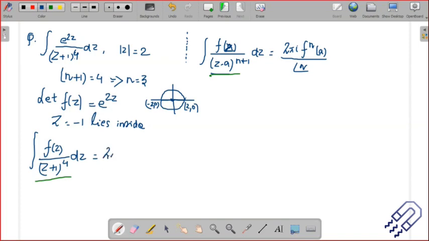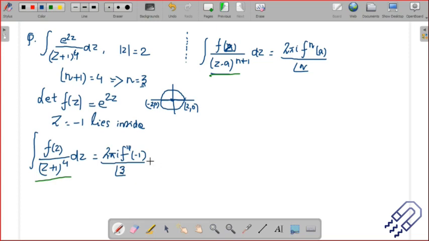This is 2 pi i f, n is 3 in our case, that means 3 times we have to differentiate. So I'll put triple dash and a, where a is minus 1, so I'll put minus 1, divided by factorial n, which is factorial 3.